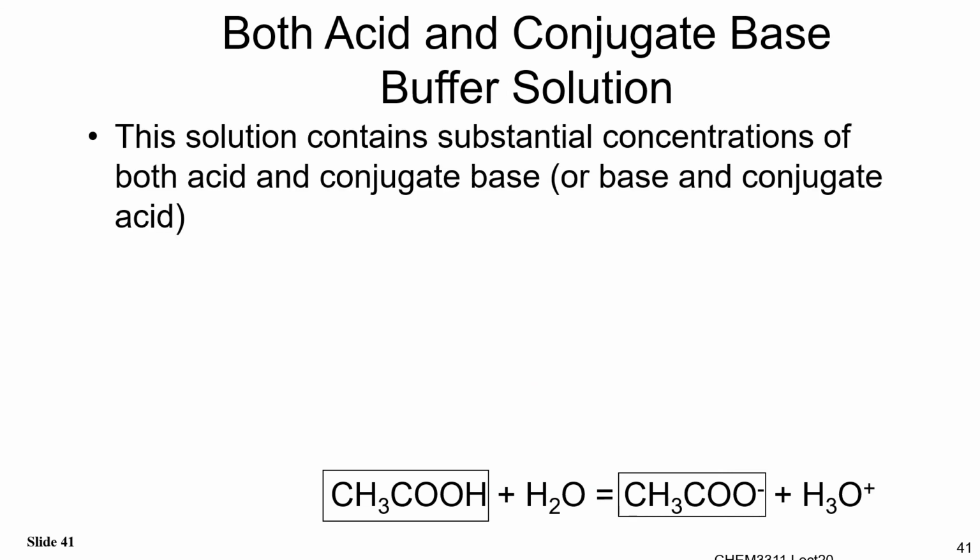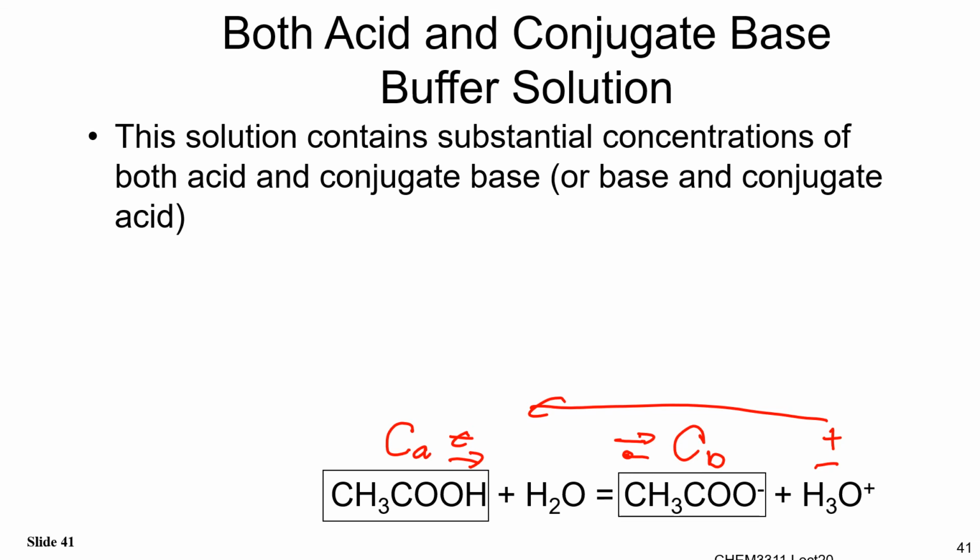Now we're going to have two concentrations to worry about. We've got substantial amounts of the acid form, and we've got a substantial amount of the base form. If I add a little bit of acid, these two numbers aren't going to change very much. If I subtract some of the acid, these two numbers aren't going to change very much.